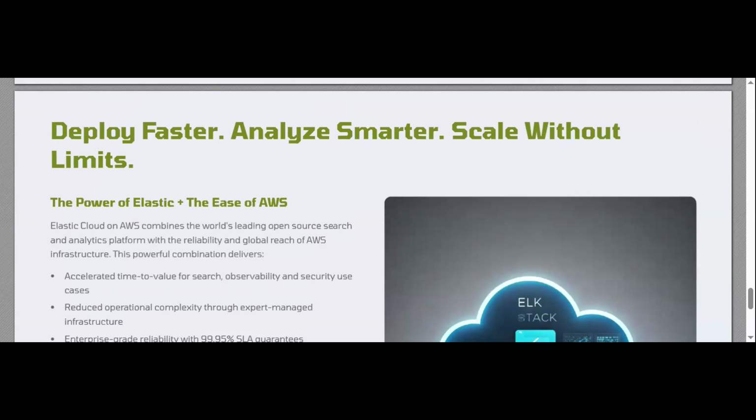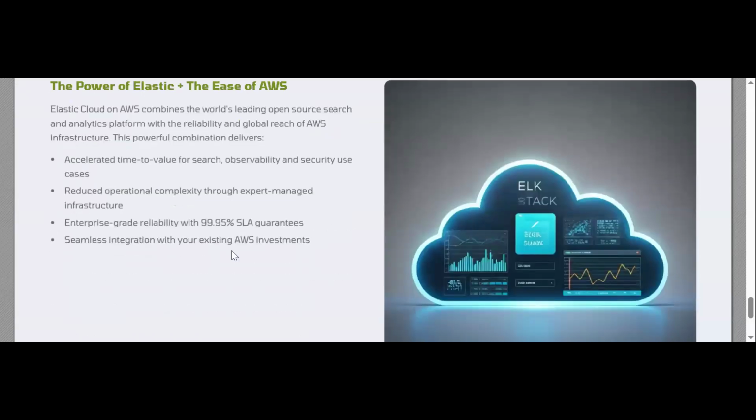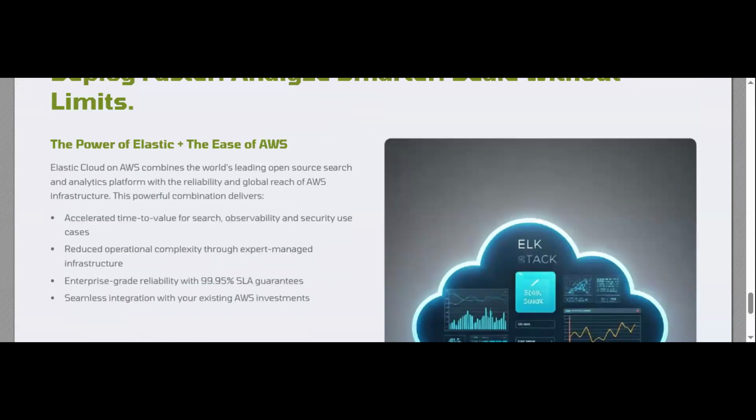This powerful combination delivers accelerated time to value for search, observability, and security use cases, reduced operational complexity through expert-managed infrastructure, and enterprise-grade reliability with a 99.95% SLA guarantee. As per the SLA, service level agreements, we will have to go for that.